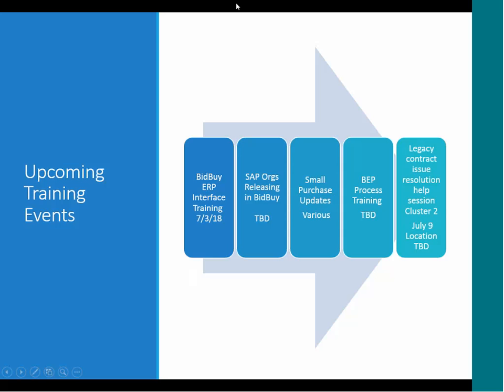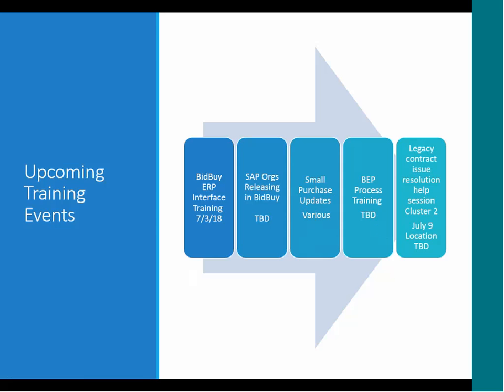Upcoming training events. So we still have BidBuy ERP training scheduled for 7/3. We're working on nailing down the date for the SAP orgs releasing of BidBuy. The various small purchase updates, that training has been completed, so we did do that. BEP process training is coming very quickly.